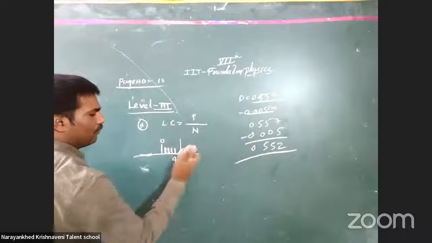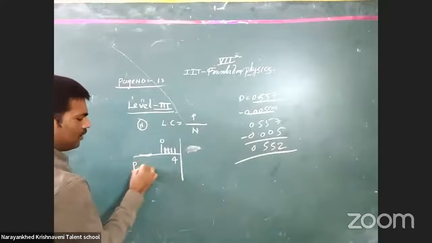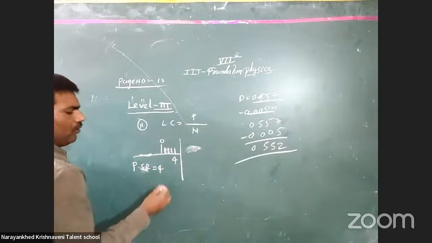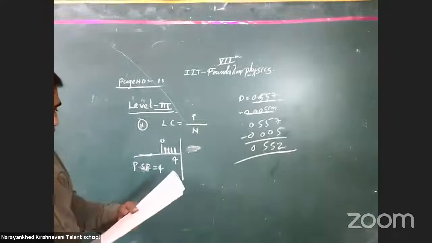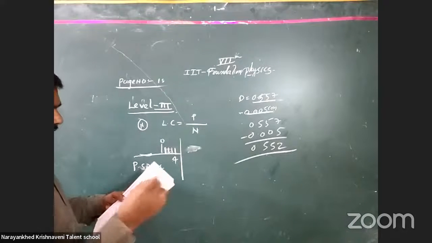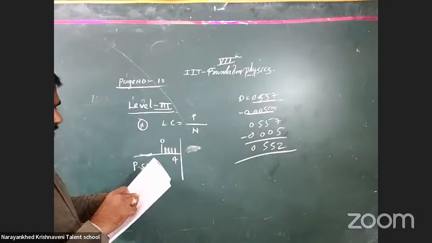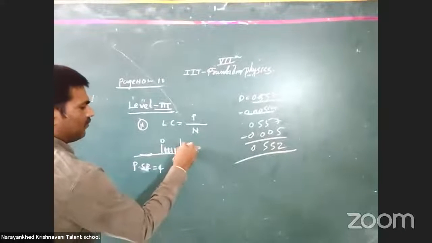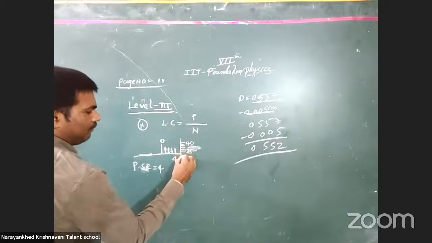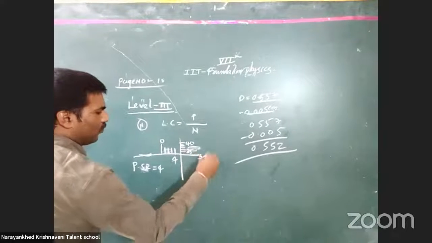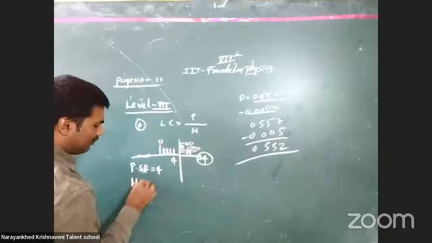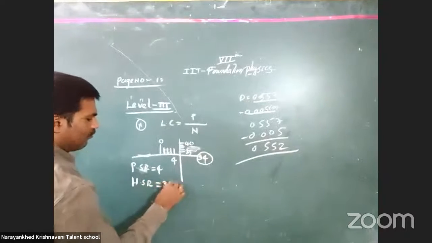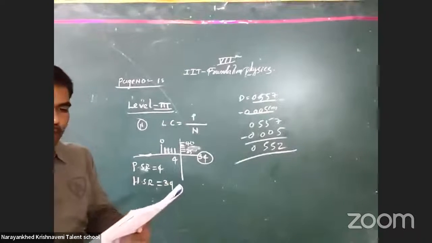The PSR is taken as 4. And next, the reading coincides with 34. They have given it like that, 35, then after it 40. So this becomes 34, the head scale reading. Then what will the head scale reading be? 34.